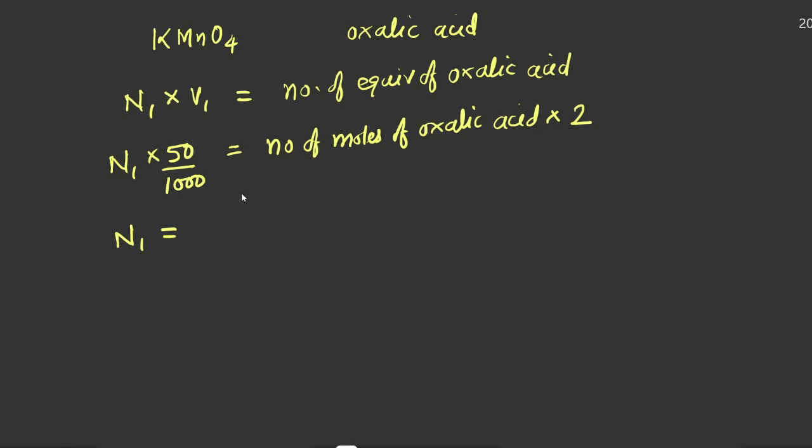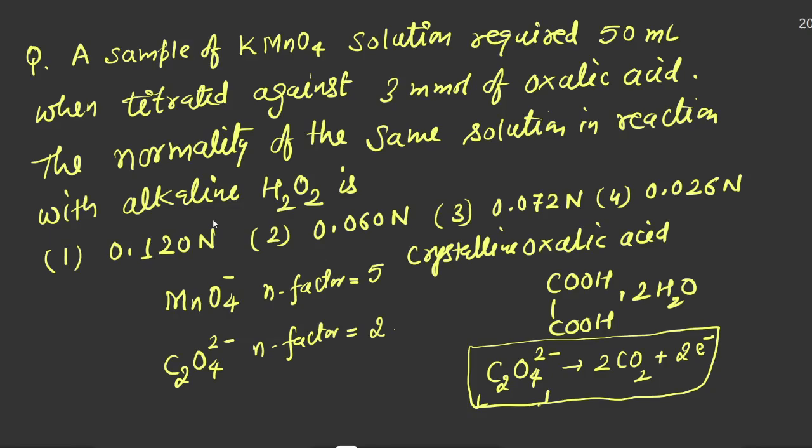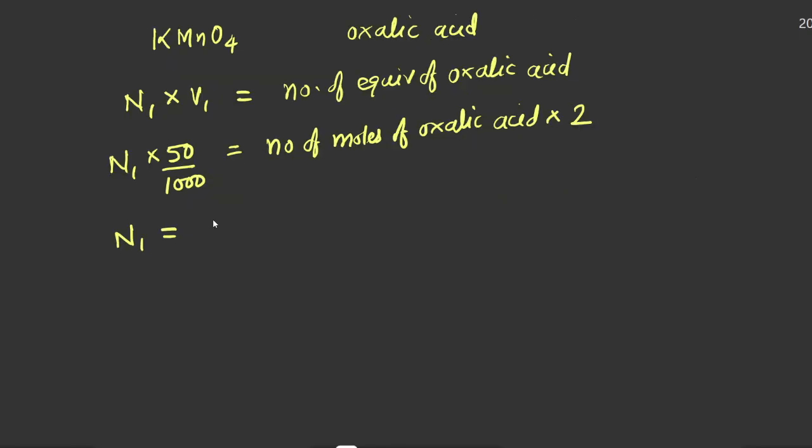Here number of moles are not given, number of millimoles are given, and the number of millimoles given is 3. So 3 into 10 raised to power minus 3, that is 3 millimoles of oxalic acid, into 2, multiplied by 1000 divided by 50. So it should be 6 by 50.